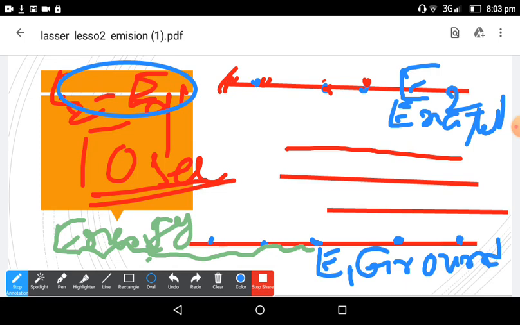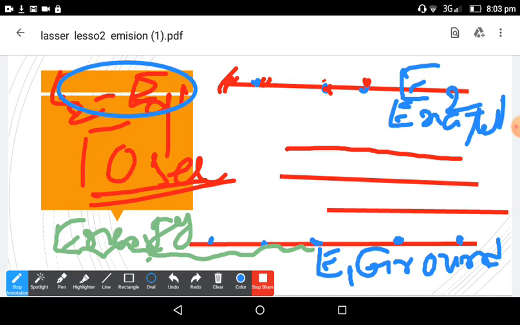So when an atom or an electron jumps from higher energy level to lower energy level, the difference between the two energy levels is released as a radiant photon. Each atom releases one photon. One atom releases one photon, 1 to 1.